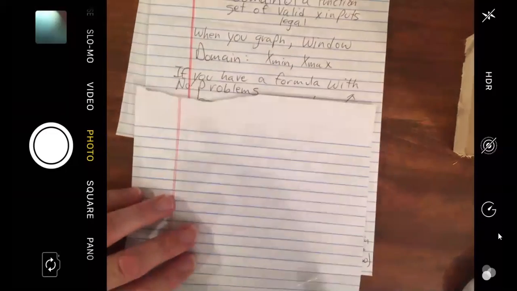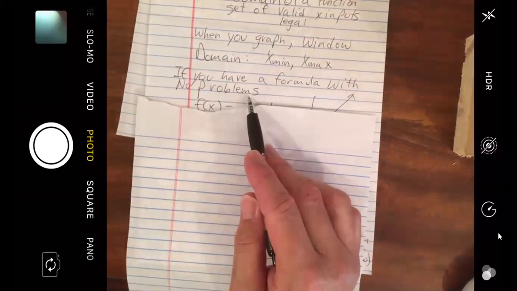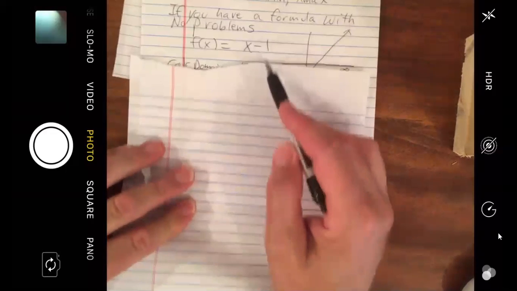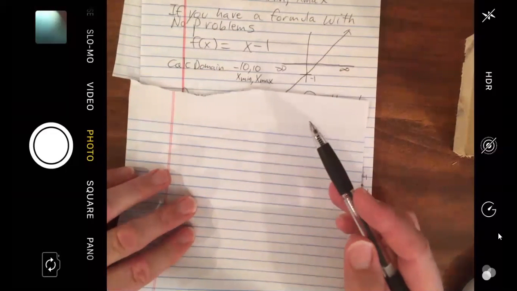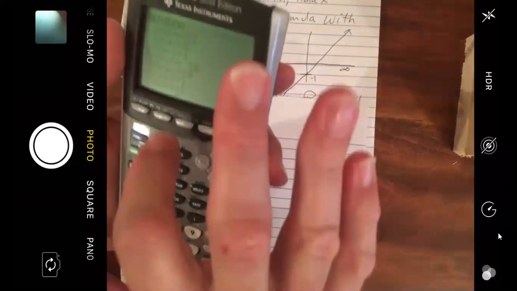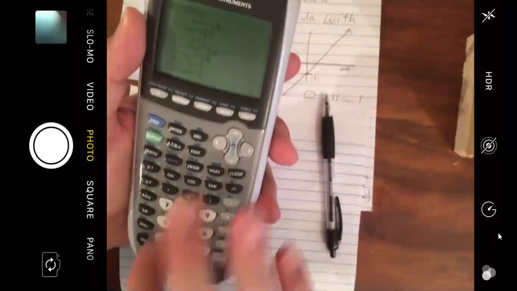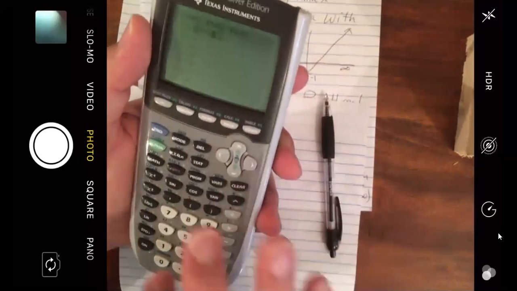It's just that if you have a formula with no problems, okay, I'm going to give you first an example with no problems, x minus 1. All right, generally, if they don't tell you anything different, use a calculator domain of -10, 10. I'll put it back to that. On the y equals, I'll put in x minus 1.